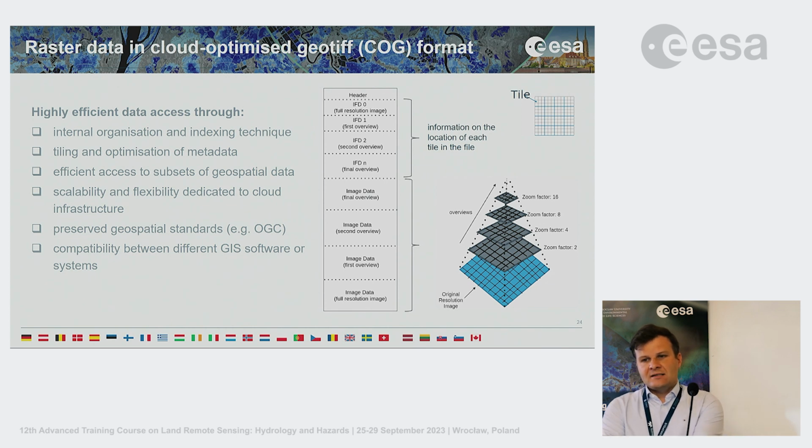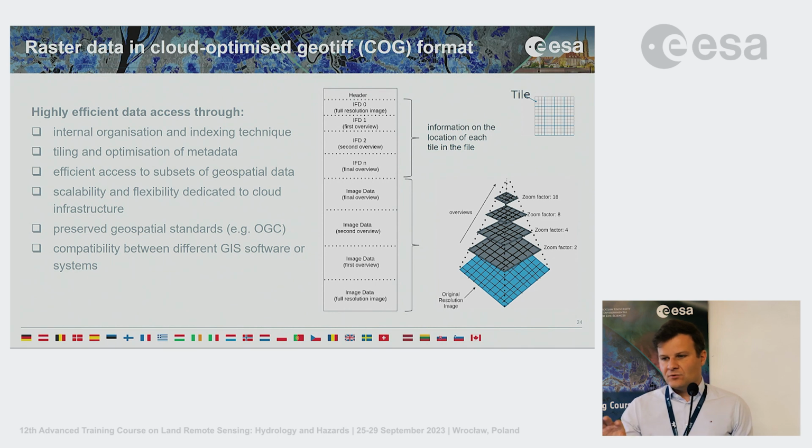Here the idea is that in the header, which is at the beginning of the file, you have information, first of all, about the zoom level. So you have these pyramids, which is nothing new; this was already implemented in GeoTIFFs. But you also have information about the position of each tile of the image, so a part of the image.